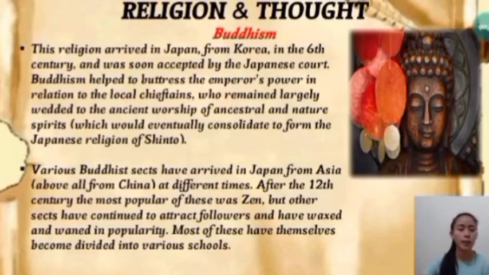Various Buddhist sects have arrived in Japan from Asia, above all from China, at different times. After the 12th century, the most popular of these was Zen, but other sects have continued to attract followers and have waxed and waned in popularity. Most of these have themselves become divided into various schools.